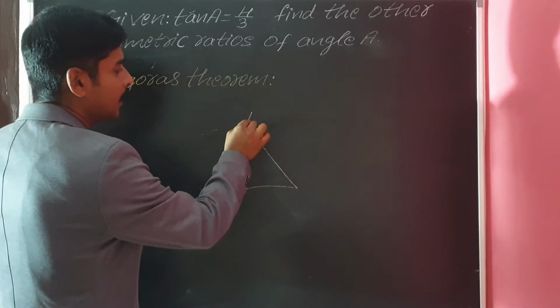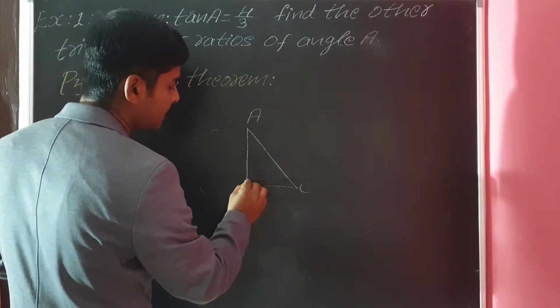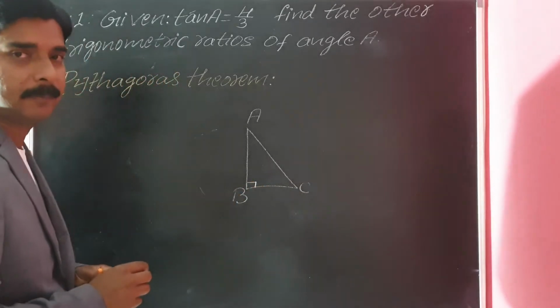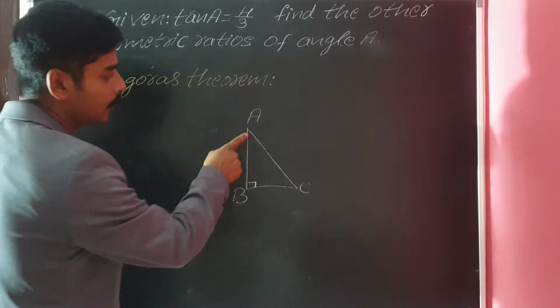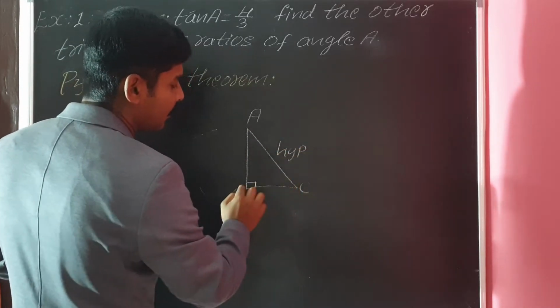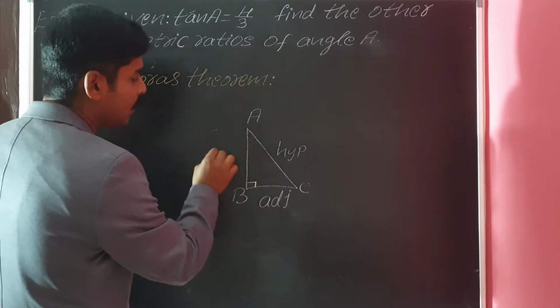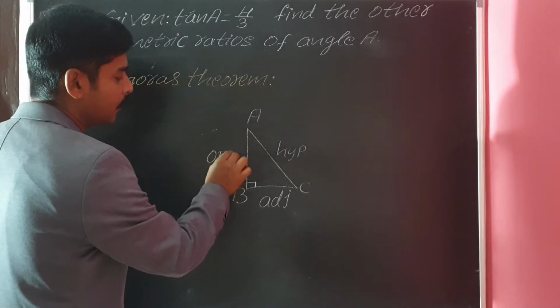Let us consider a right angle triangle ABC, right angled at B. You know, AC is the hypotenuse, BC adjacent side and AB opposite side.